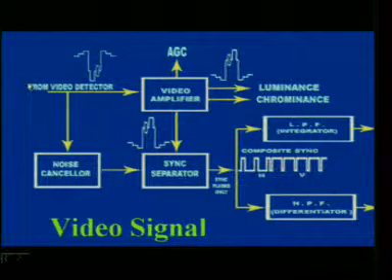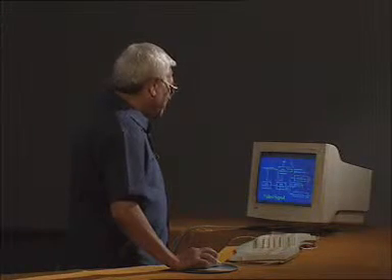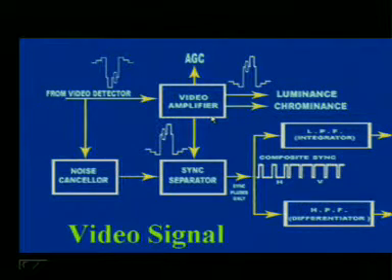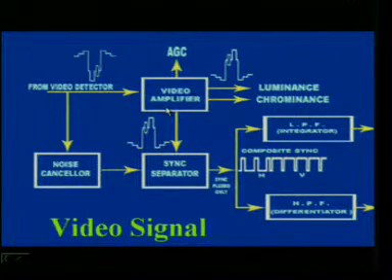The video detector detects the video signal and sends it to the video amplifier. This video amplifier is required to raise the video signal level, so that the synchronizing pulses coming from the sync separator have a level which can lock the horizontal and vertical oscillators. If the video signal is not of enough amplitude, your sync separation may be affected.